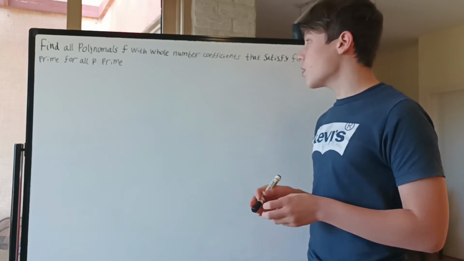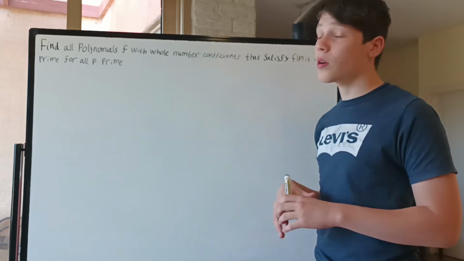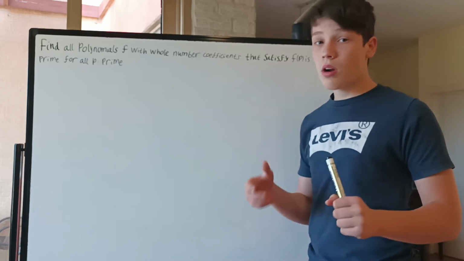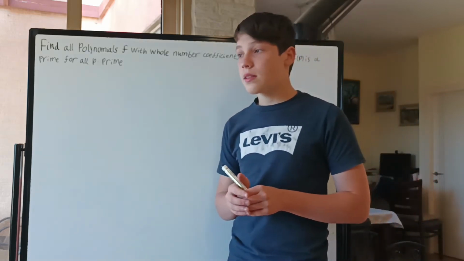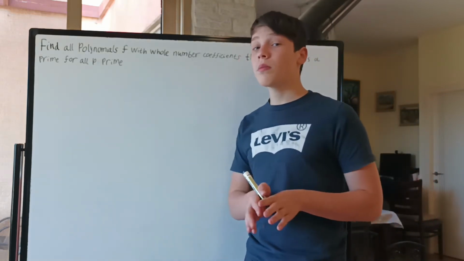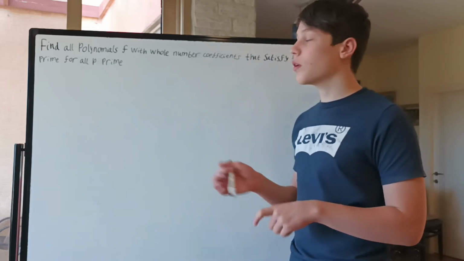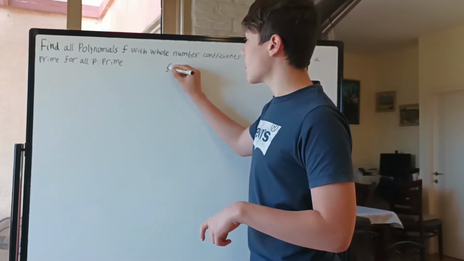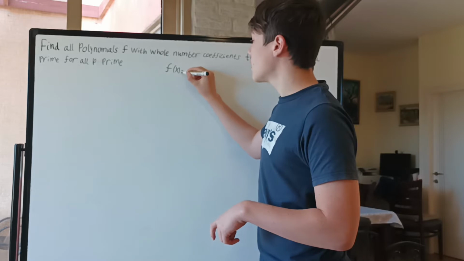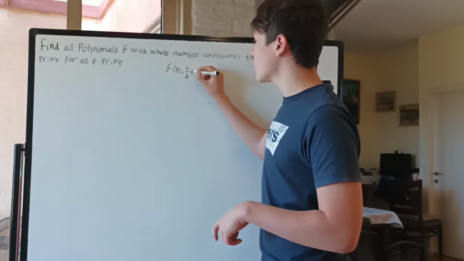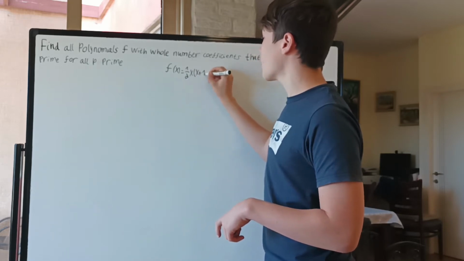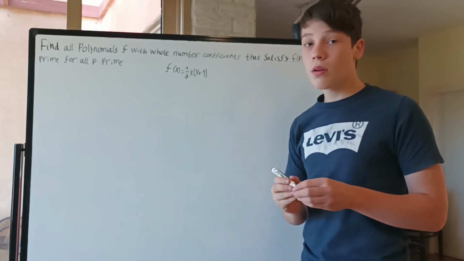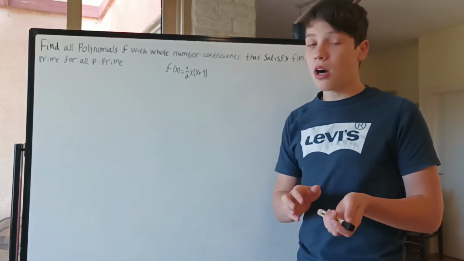First of all, let's explain the whole number coefficients thing, because there are polynomials that send whole numbers to whole numbers that don't have whole number coefficients. Take f of x equals 1/2 times x plus 1, times x. If x is a whole number, then it's obviously odd or even.